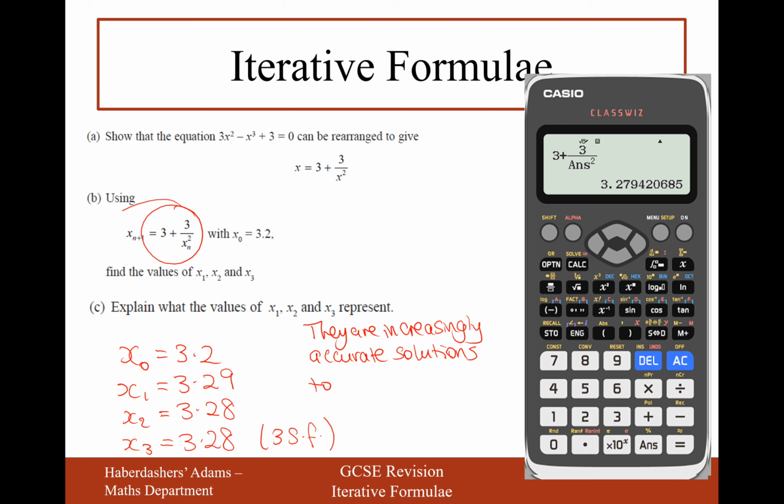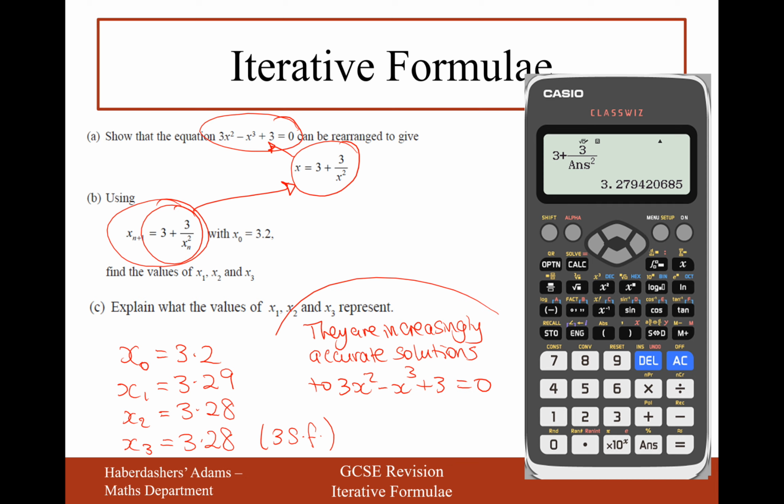Now this iterative formula here came from this thing here, and this thing came from the rearrangement of this thing here. So it's the accurate solutions to 3x squared minus x cubed plus 3 equals 0. So they're increasingly accurate solutions to the initial equation after the rearrangement, so before the rearrangement into the iterative formula.